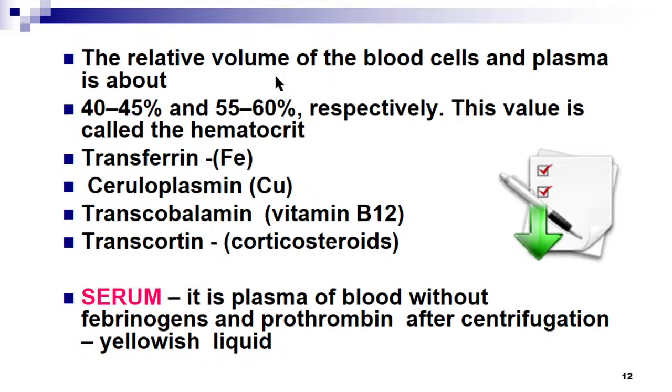Males have a higher level of hematocrit, and females less, 40-45. This value is called hematocrit. Hematocrit is the relation between the relative volume of blood cells and plasma. Hematocrit, definition. Was writing now, yes?